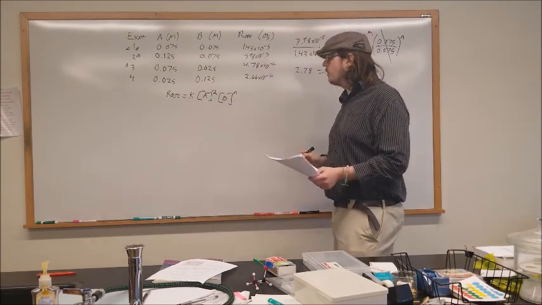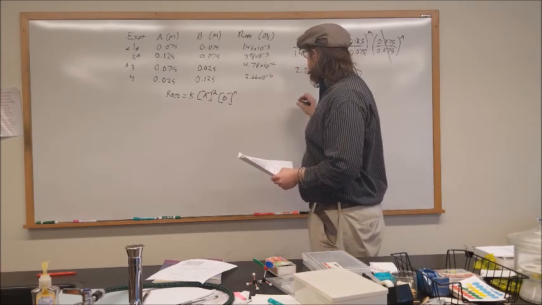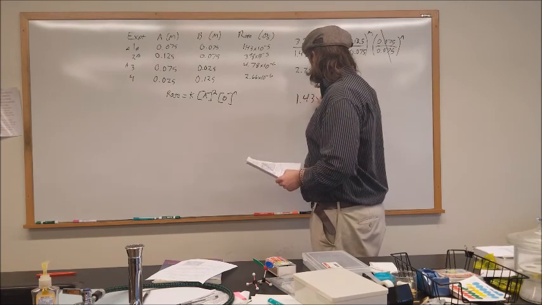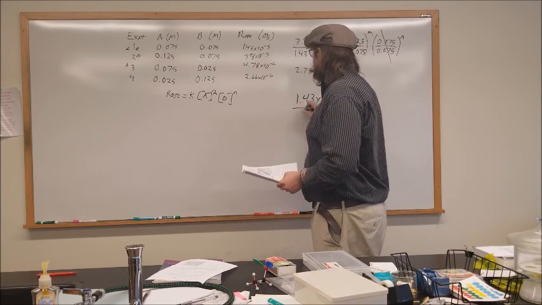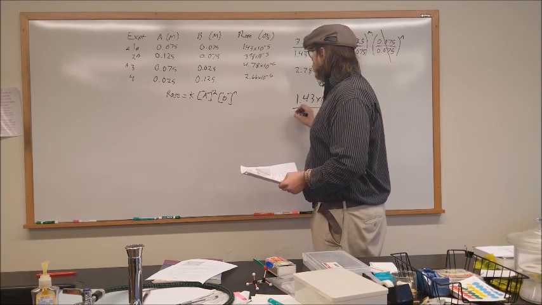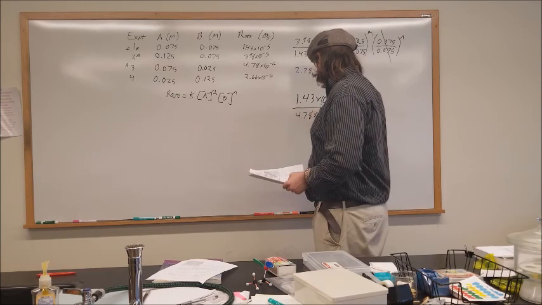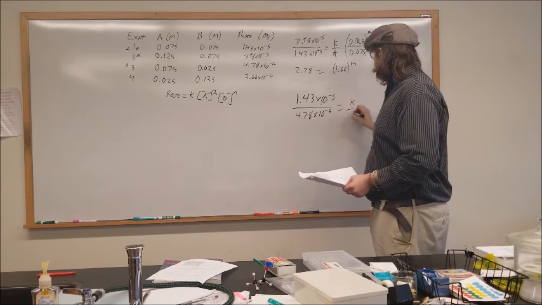Well, let's compare 1 and 3 now. 1 is 1.43 times 10 to the negative 5th. 3 is 4.78 times 10 to the negative 6, equals K over K, which cancels out.